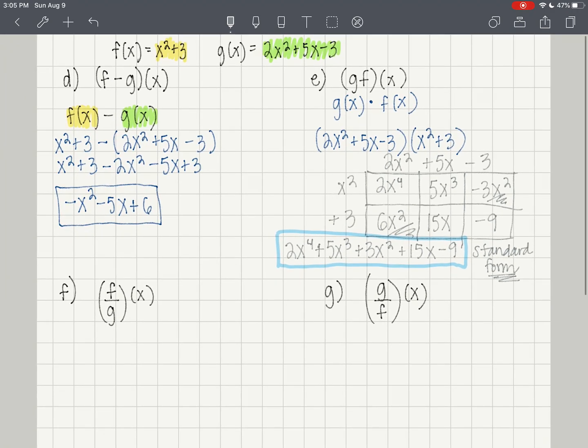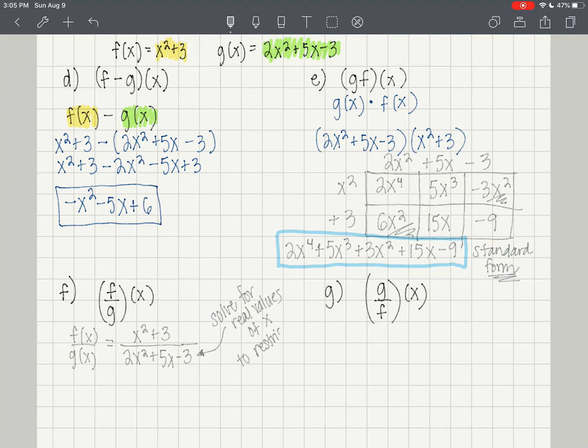So when we're dividing f of x over g of x, and we substitute in x squared plus 3 over 2x squared plus 5x minus 3, we need to factor or solve for real values of x to restrict from the domain.